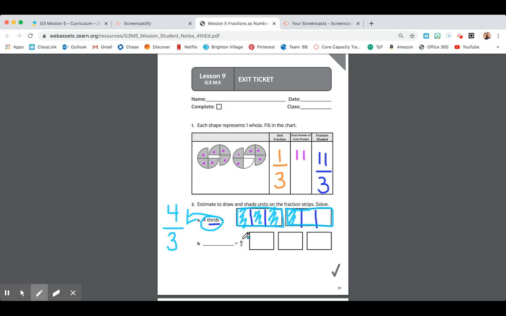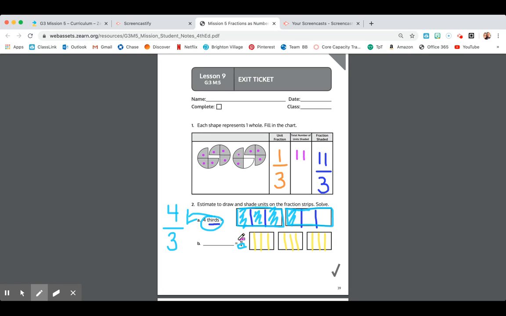Blank equals 10/4. With 4 in the denominator, I know that each whole has been split into fourths. I'm doing my best to partition or split each whole into equal parts, equal fourths.